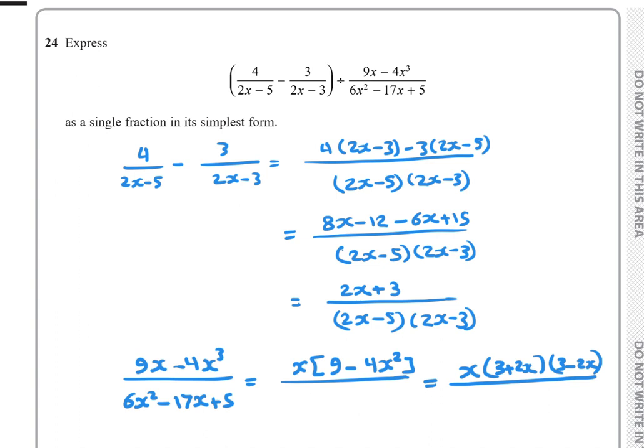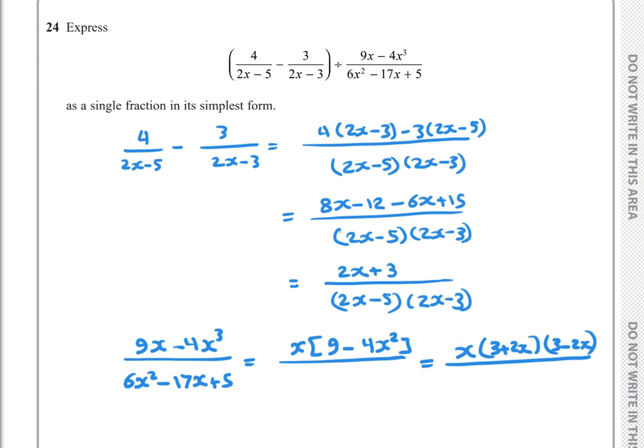For the denominator, we have a trinomial with no common factor, so you can factorize. You can use your calculator, mode 53, to find the values. Enter a equals 6, b equals negative 17, c equals 5, and you will find two values: x equals 1 over 3 and x equals 5 over 2.